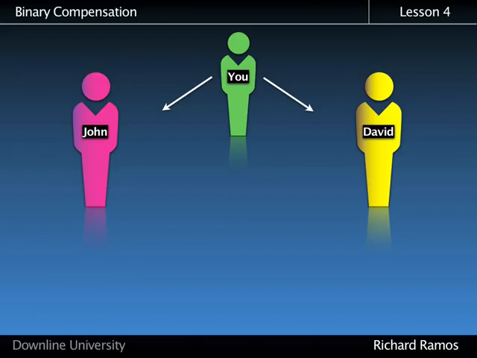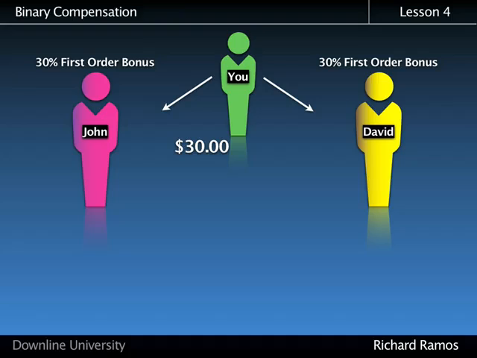One of the ways that the company pays us is that they're going to give us a 30% first order bonus on anybody that we personally enroll on any orders that they place within their first 30 days. In this particular example, it's going to be $30 if they order a 2-case auto ship.